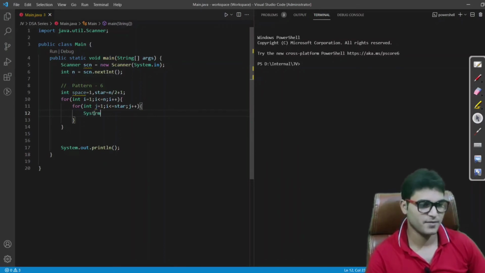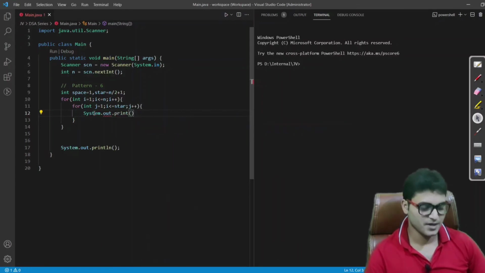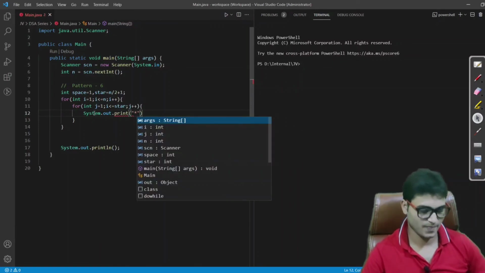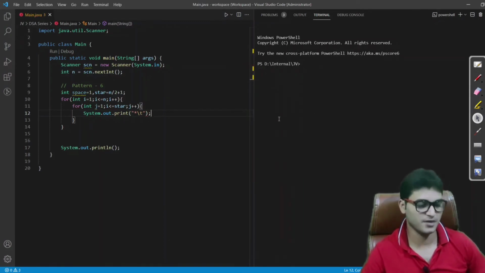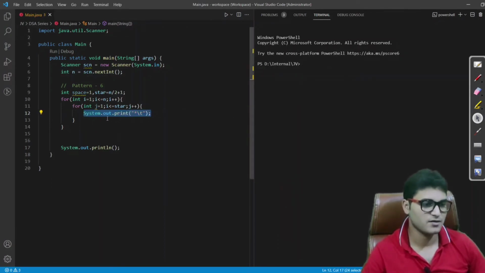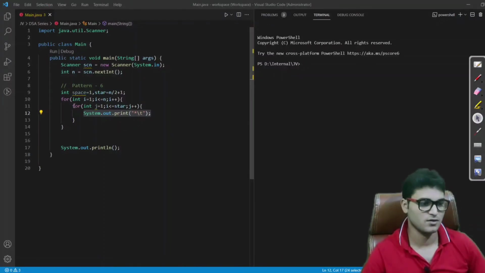We will write a print statement and simply print a star, and to separate the output we will print a tab along with the star, so that our output is clearly visible. After printing the star, we have to print the space also.